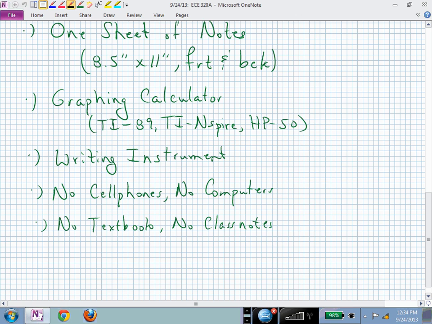Questions on exam number 1? Yes? It'll be in this room, the exam, but the review session is tonight. It's in ECE 107. It's in the basement of the ECE building. But your exam will be in this room, so don't let that confuse you. Your exam will be in this room.